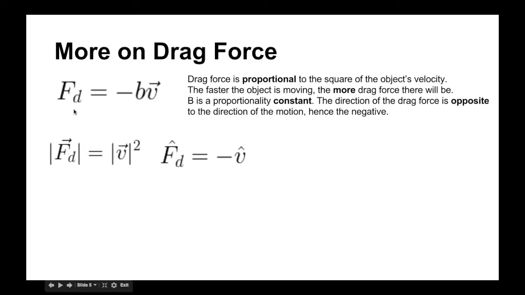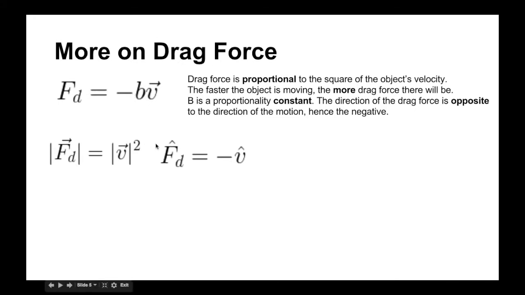So let's talk a little bit more about the drag force. The way that I indicated it in my code was because we were suggested for this lab to look at drag force as it's proportional to the square of the object's velocity. So drag force in my model is the velocity, the vector velocity, multiplied by a proportionality constant.